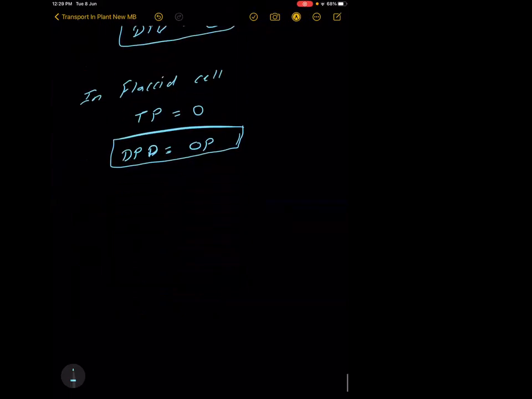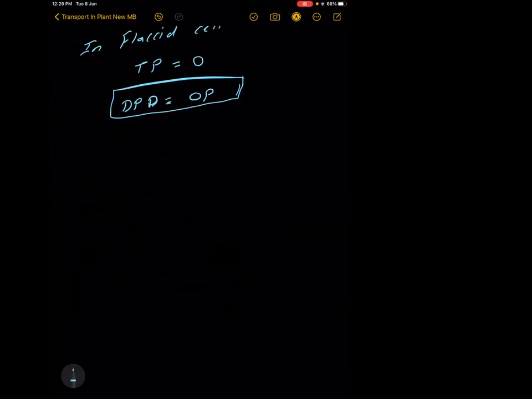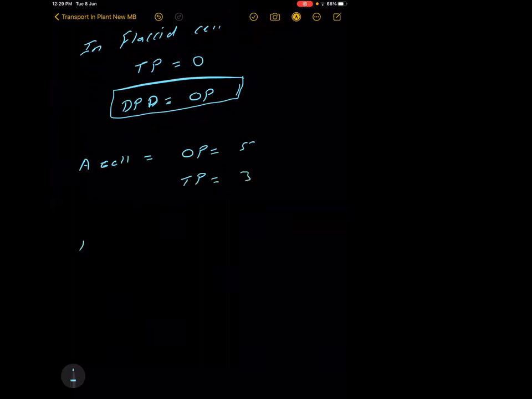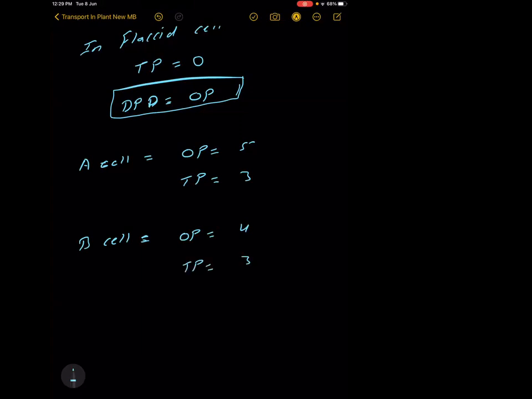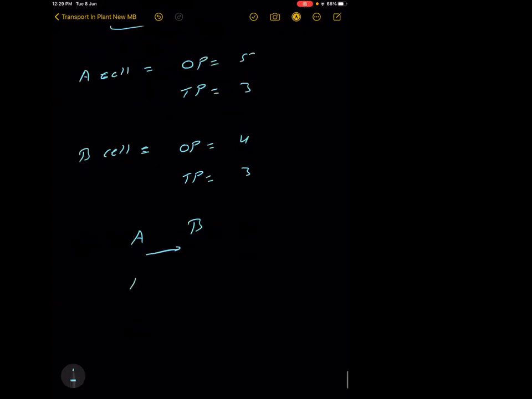Fine. So suppose cell A has OP equal to 5 and TP equal to 3, and another cell, B cell, has OP equal to 4 and TP equal to 3. Then water moves from A to B, B to A, or no movement?